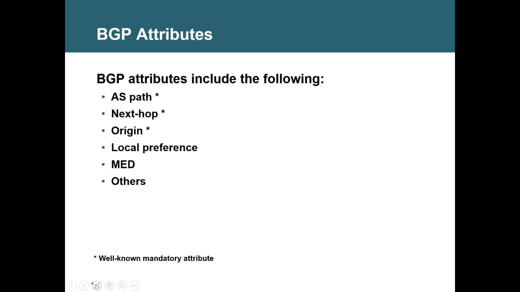Here we have a few attributes. These are attributes that can be used by us to manipulate, to change the path from the default. The other attributes are just used, they can't be altered by us.